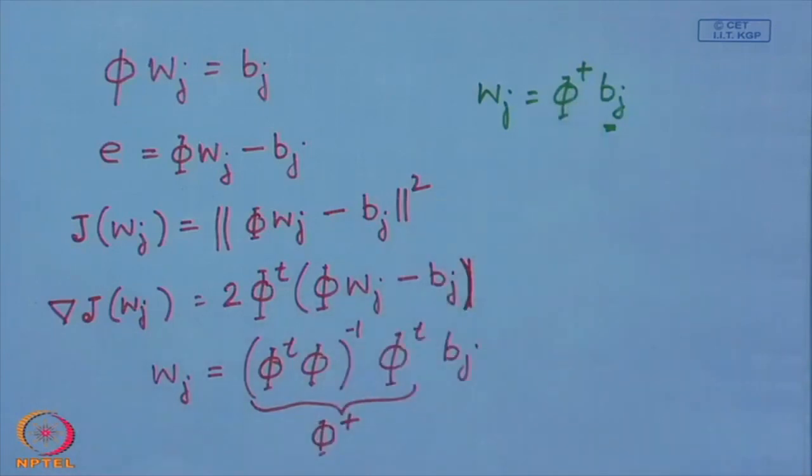Phi actually indicates what should be the output of the hidden layer nodes for every feature vector. So, from that I compute my matrix phi. Once I have this matrix phi and this b j, I can compute the connection weights from different nodes in the hidden layer to the jth output layer node.